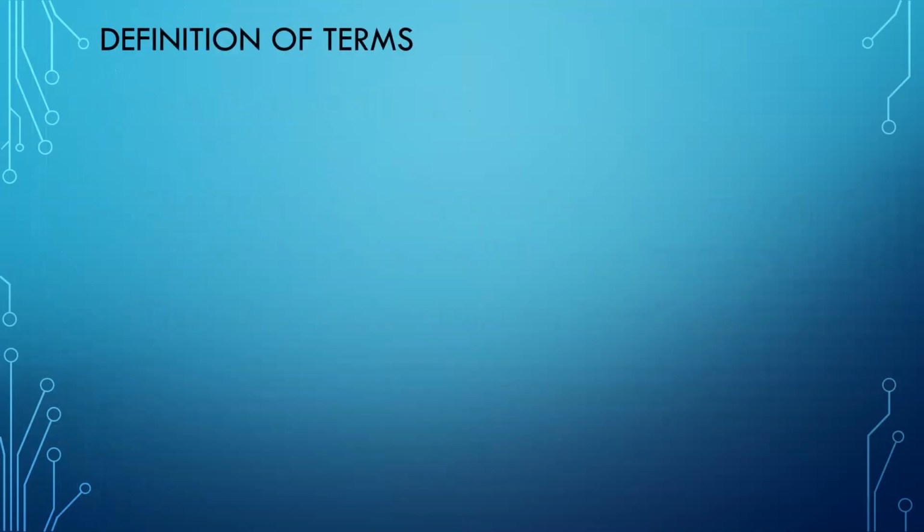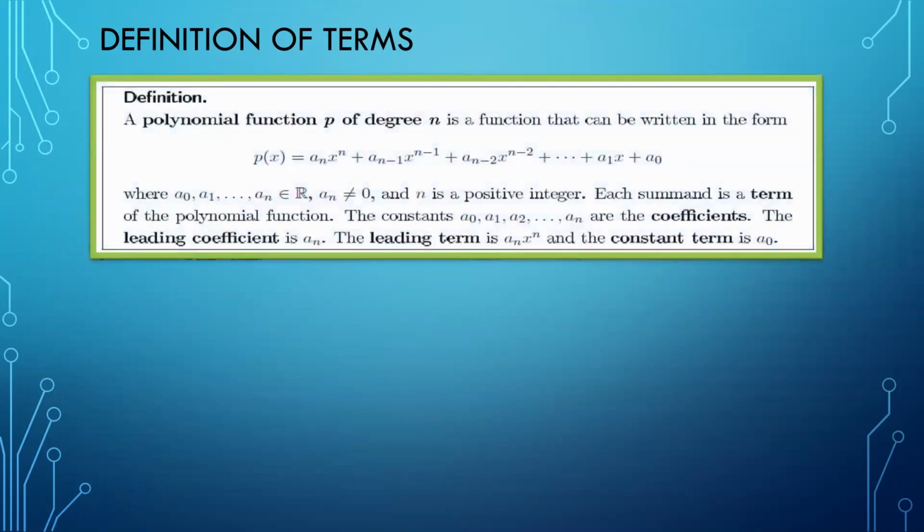First, we have the definition of terms. We have here the definition of a polynomial. A polynomial function p of degree n is a function that can be written in this form.